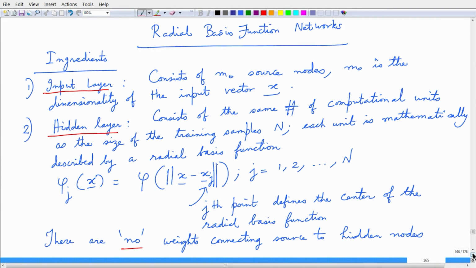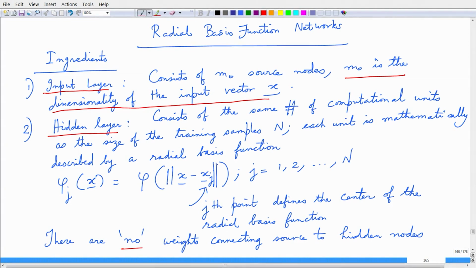The input layer consists of m naught source nodes, where m naught is the dimensionality of the input vector x, and the hidden layer consists of the same number of computational units as the size of the training samples.